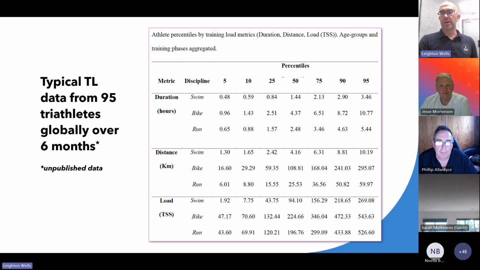But what I will do is make sure that Jesse and AusTri are notified when it's published, and you'll likely see it pushed out through their channels and my own channels as well. So yes, the data were disaggregated, and you will see information broken down by race distance preference, training phase, the sex of the athlete, and the age group, and discussion around what is and is not statistically significant.